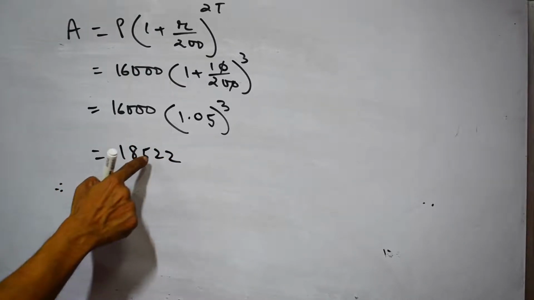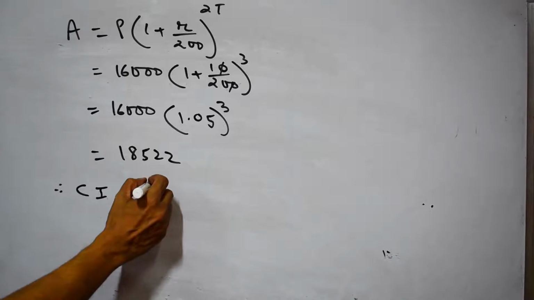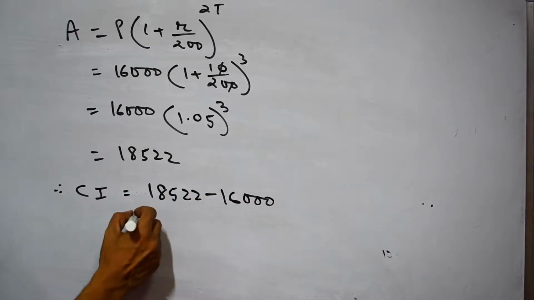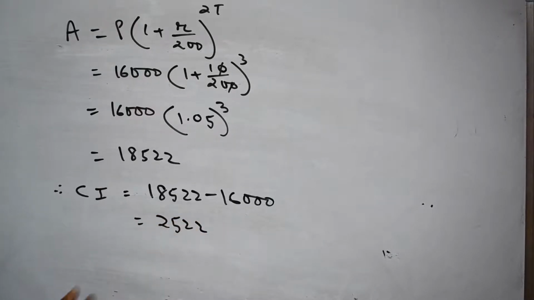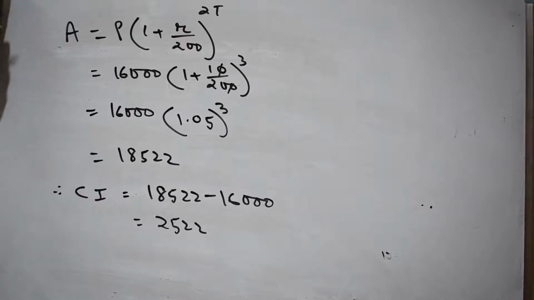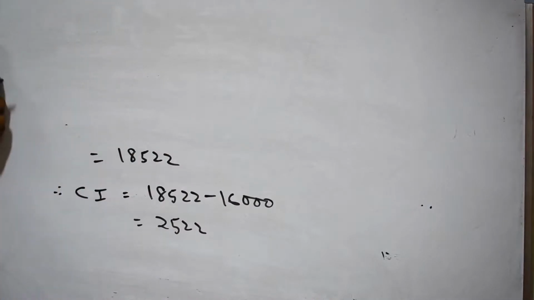Therefore CI will be 18,522 minus 16,000, that is 2,522.